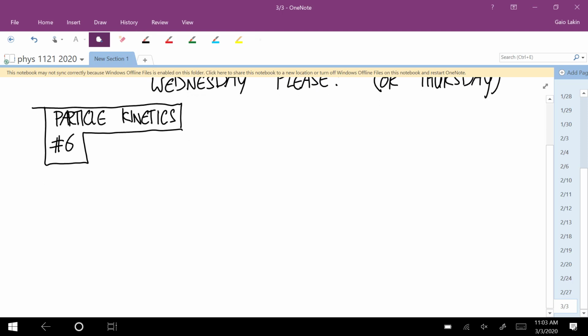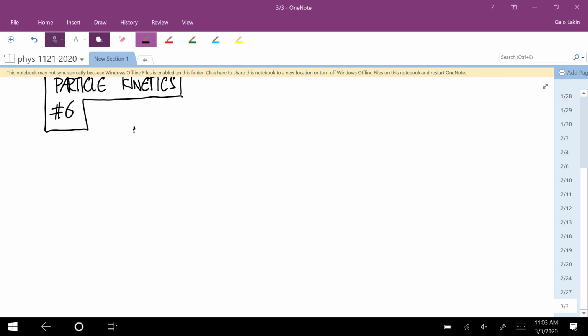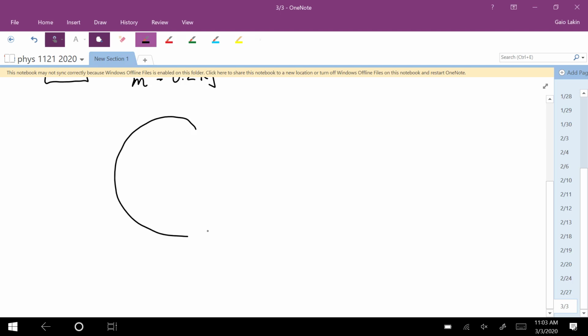All right, so there's an object with a mass of 0.2 kilograms, and it's moving around a circular path. Here's where the object is at the instant that we care about it. The circle's center moves with an acceleration, so I'll call this c. And the acceleration of c is 6, negative 2.